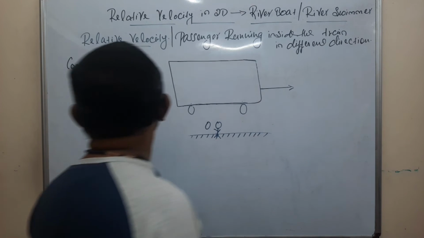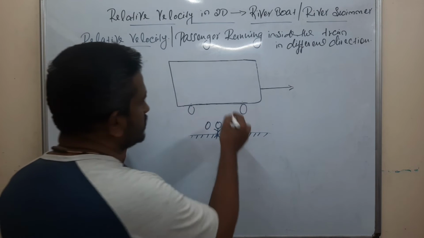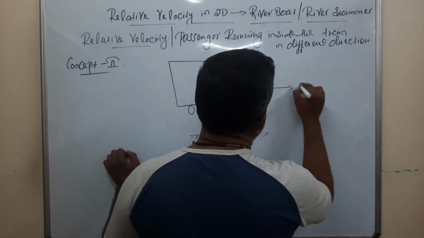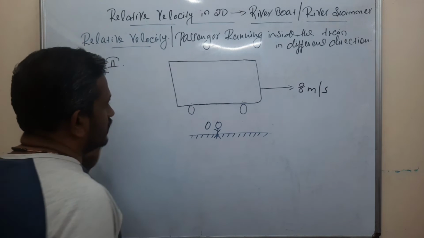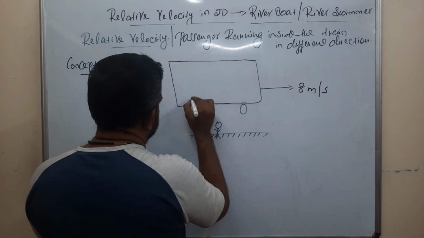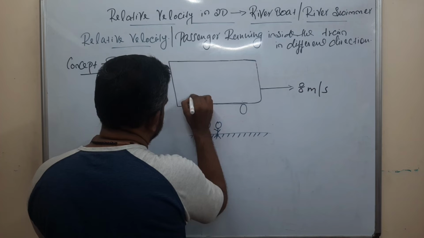So consider this is a train, it is moving with a speed of 8 meter per second. So consider this is a passenger inside the train.